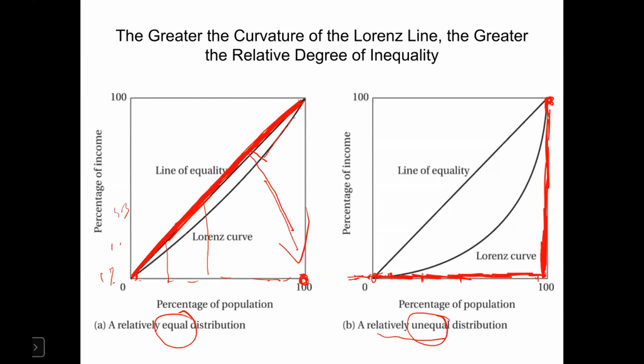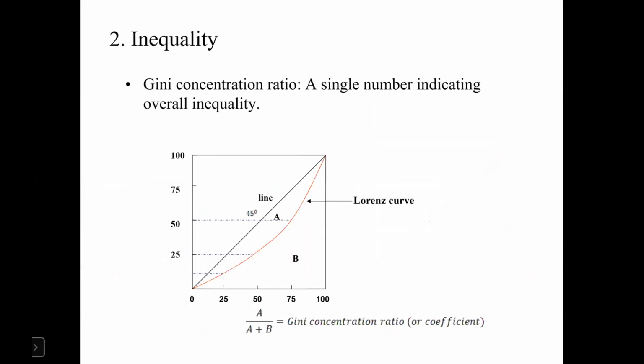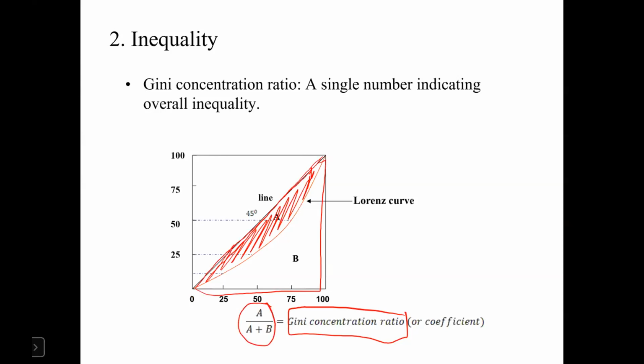With this comparison, we are ready to define the Gini coefficient. We use the area of this region divided by the big triangle, so it is A divided by A plus B. Go to the previous slide.